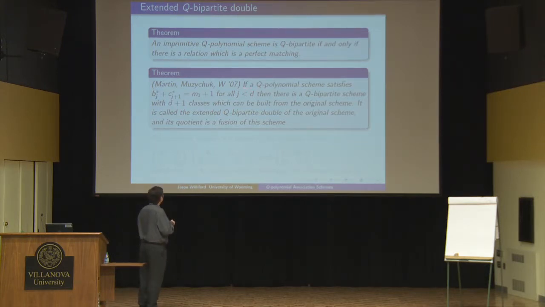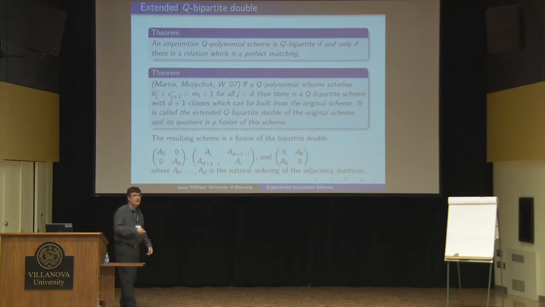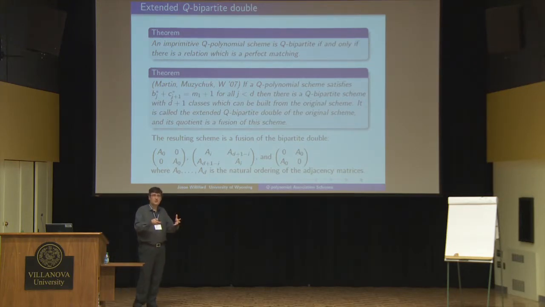So if you have a Q polynomial scheme and these parameters satisfy a certain relation, then you can take this scheme and make a new association scheme from it, which is Q bipartite. This is a certain kind of fusion of the bipartite double that I mentioned earlier. I've fused some of the relations together in a certain way.